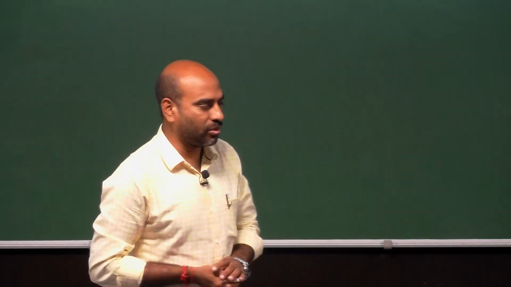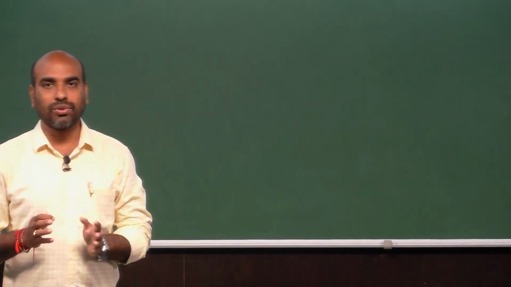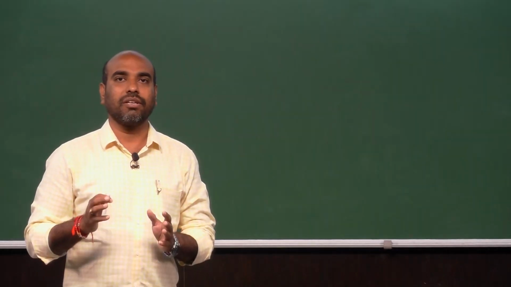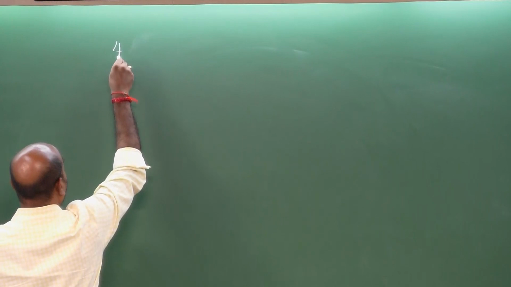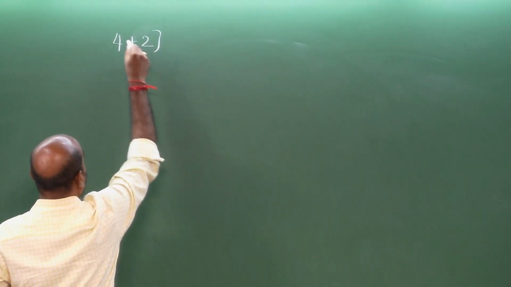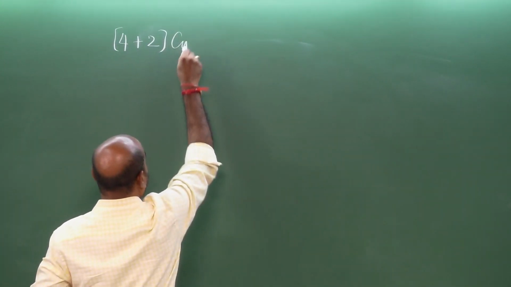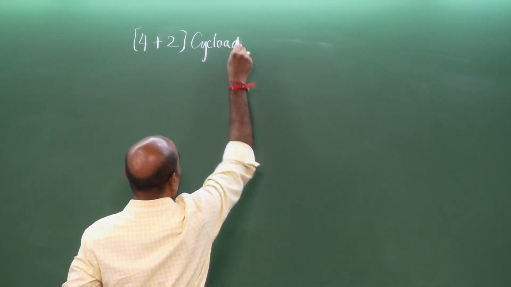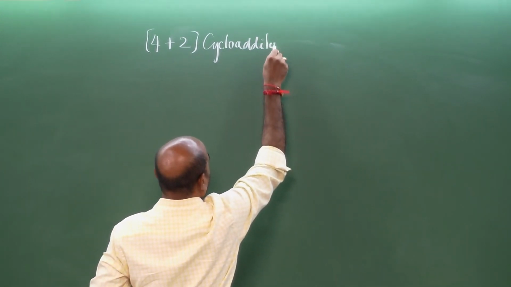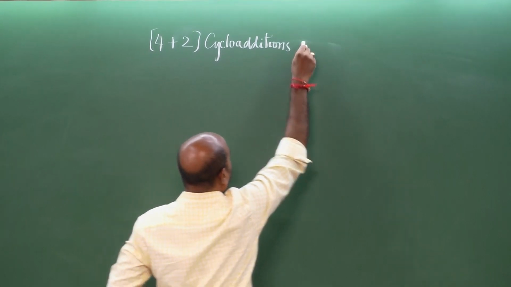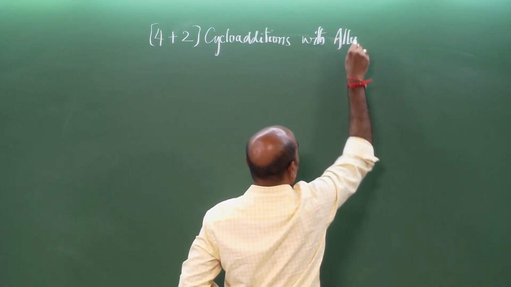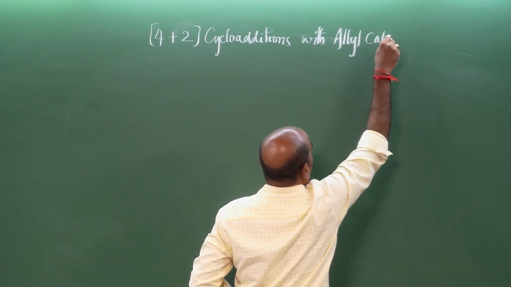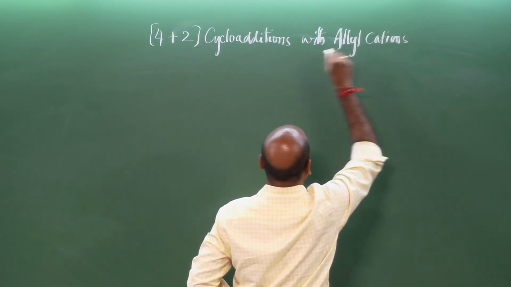Let us start today with 4+2 cycloaddition reactions with allyl cations.